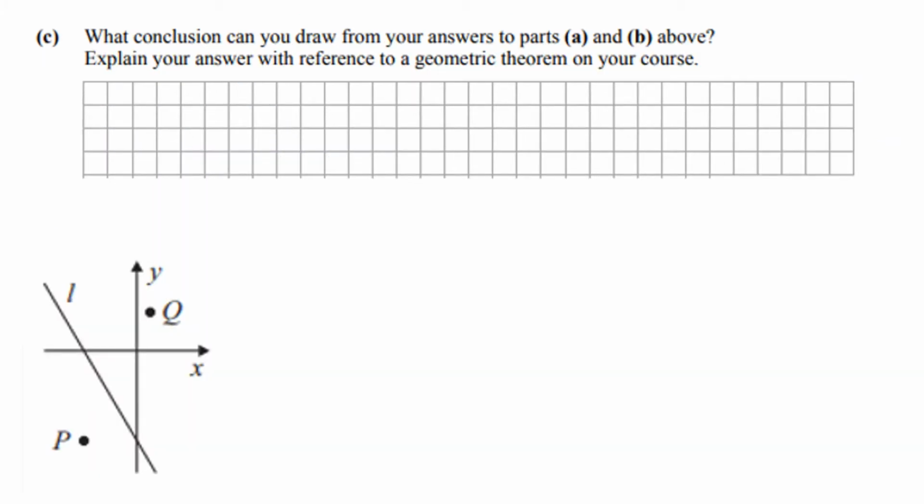So then, what conclusion can you draw from your answers in part A and part B above? Explain your answer with reference to a geometric theorem on your course. So in A, we found that the ratio was 2 is to 3 in its simplest form, and in B we found that it was 2 is to 3 in its simplest form. So let's actually take a look at the diagram here.